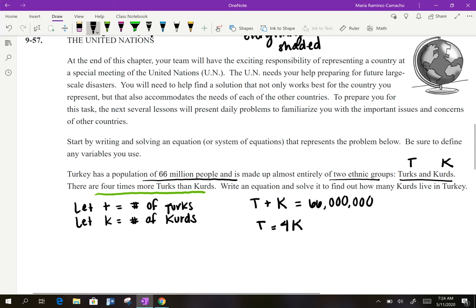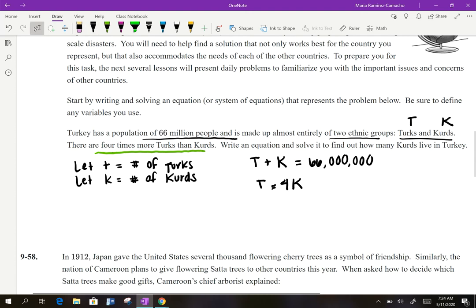Well, there's more Turks than Kurds, so this would be the way to write it. And finally, when we solve a system, we can use equal values or substitution or elimination. This would be a good substitution problem because we have t equals here. We have that t equals 4k, so we can substitute that in here.